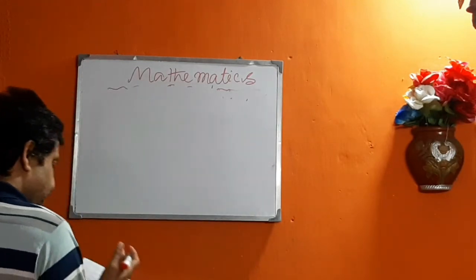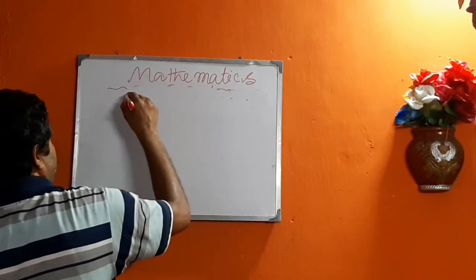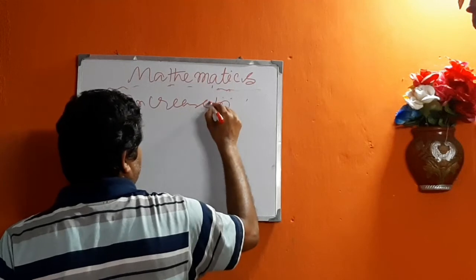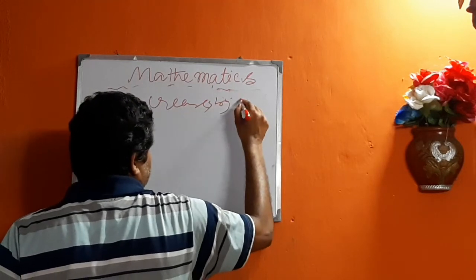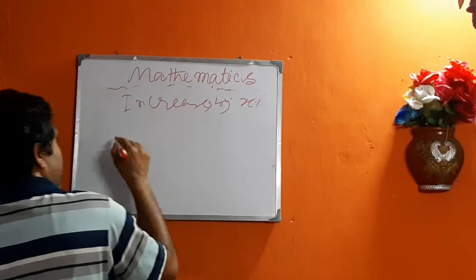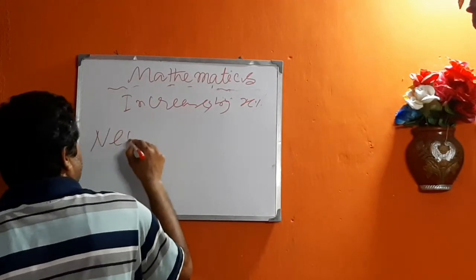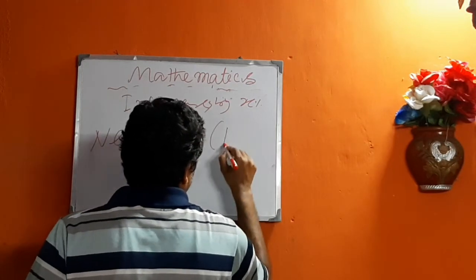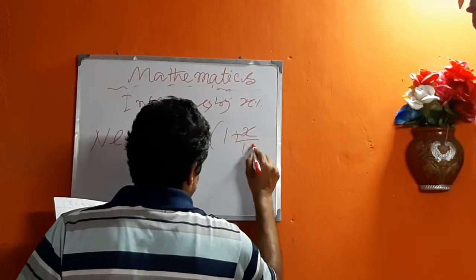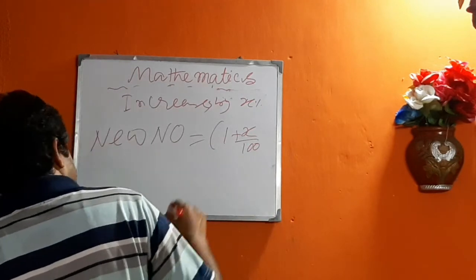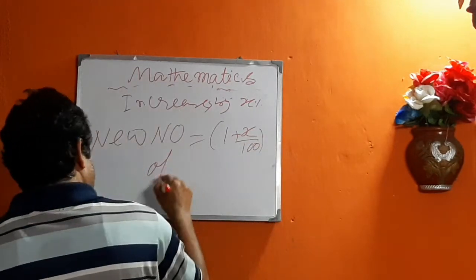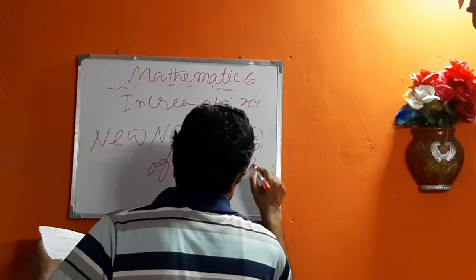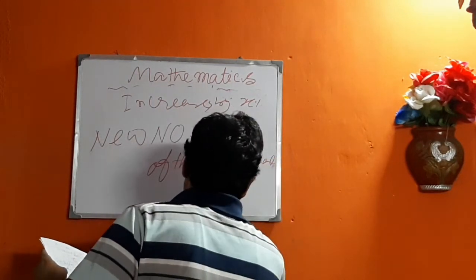The new quantity will be 1 plus x by 100 of the original or initial number.